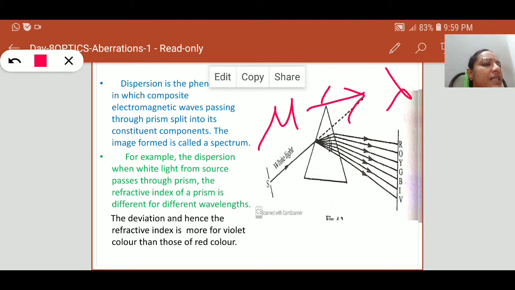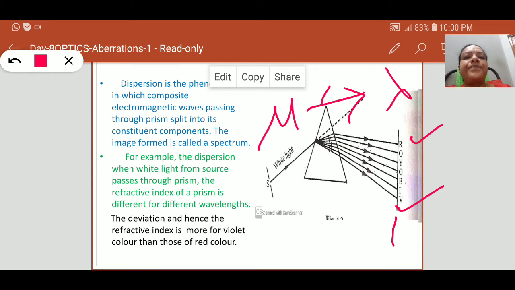Due to the different refractive indexes, the violet color has more refractive index, so the violet color gets more refracted here. Similarly, the red color has less refractive index, so the red color is up here. In between these two colors we get different colors with different refractive indexes. So this is the story of dispersion.